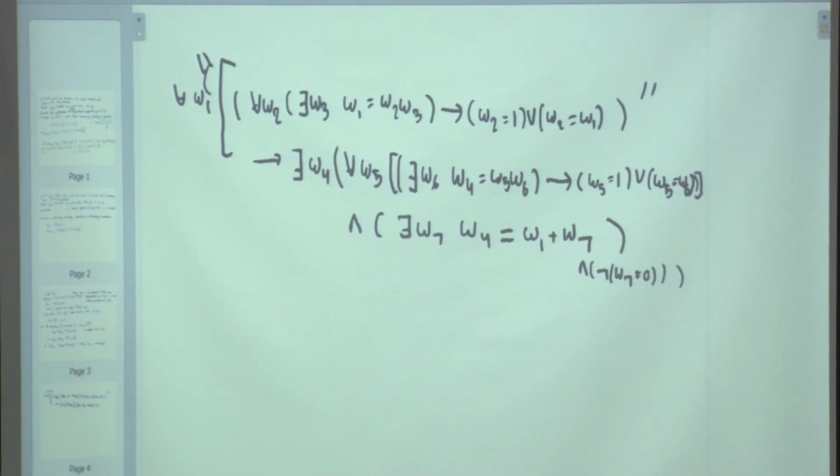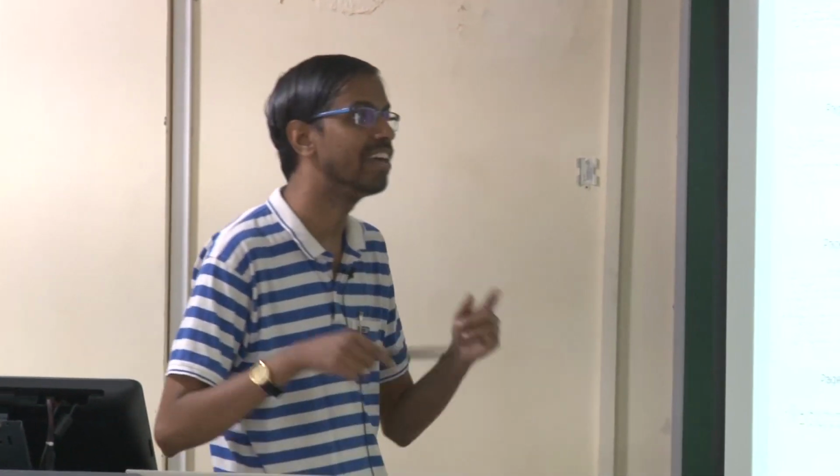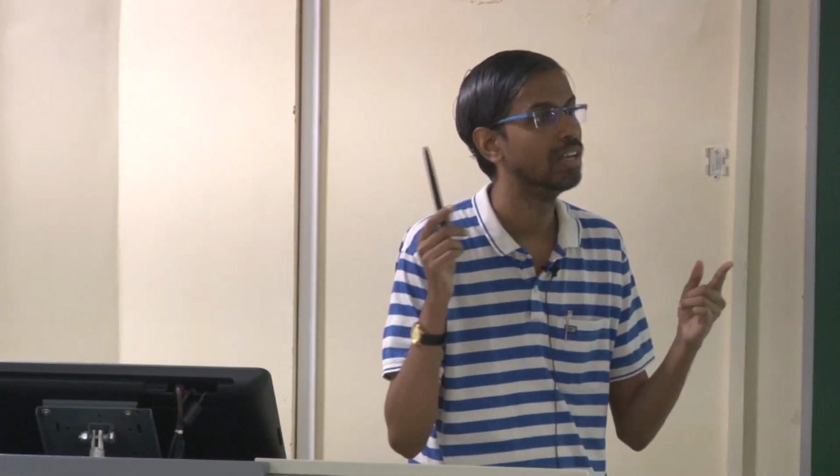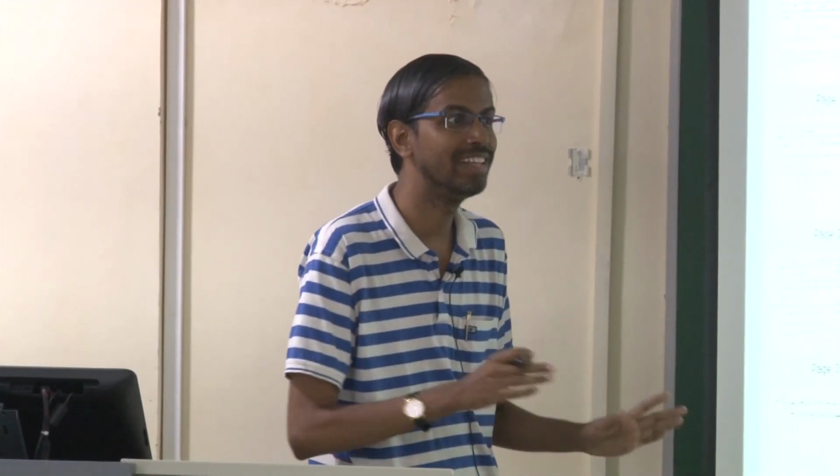So this is for all W1. If W1 is a prime, then there is a prime bigger than W1. And then primes are expressed in terms of division, and division is expressed in terms of multiplication. We all know how to do this. It's just that you have to make sure you write everything on the piece of paper correctly.